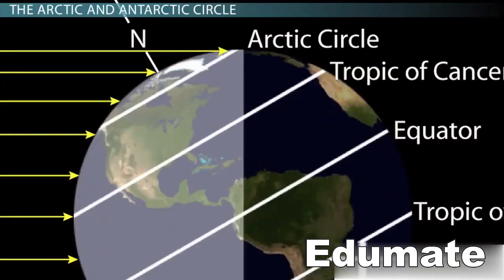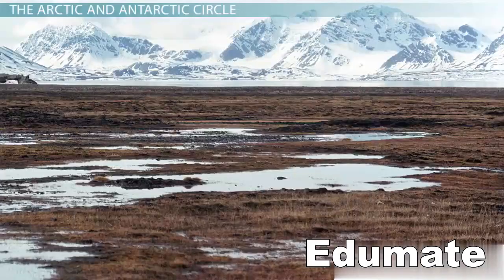Instead of concentrating solar energy onto smaller tracts of land, like a magnifying glass at the tropics, such a low angle of incidence spreads out limited solar energy onto larger areas of land, disabling the Sun's ability to properly heat the Earth in these areas, partially explaining the cold weather over there.